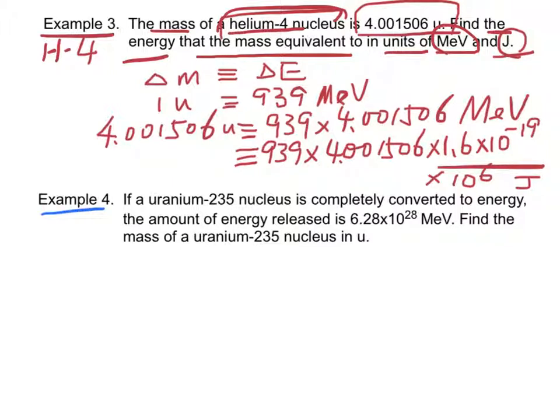Example 4. If a uranium-235 nucleus is completely converted to energy, the amount of energy released is 6.28 times 10 to the power 28 MeV.